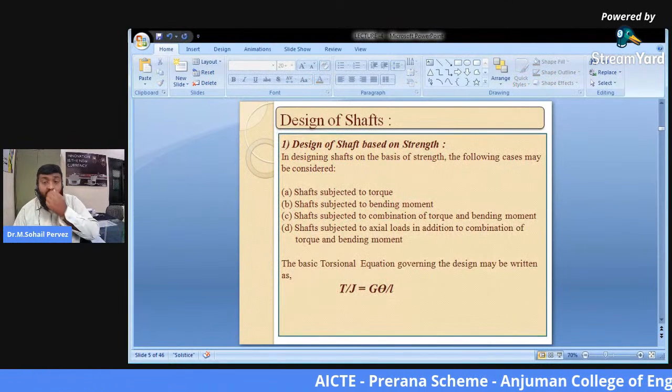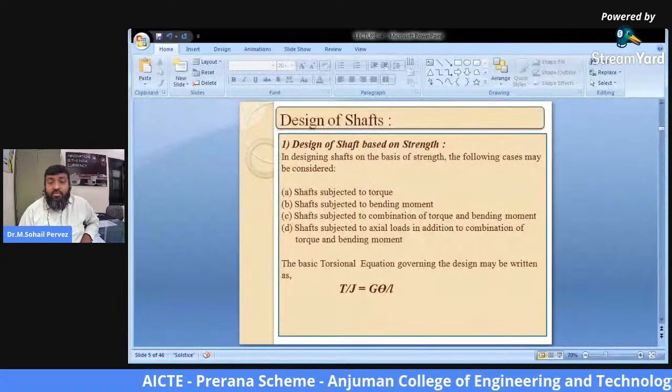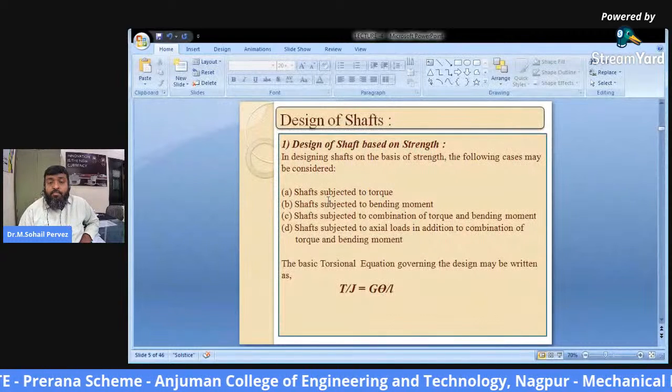So, design of shaft based on strength. Just now I told you about all these four things.